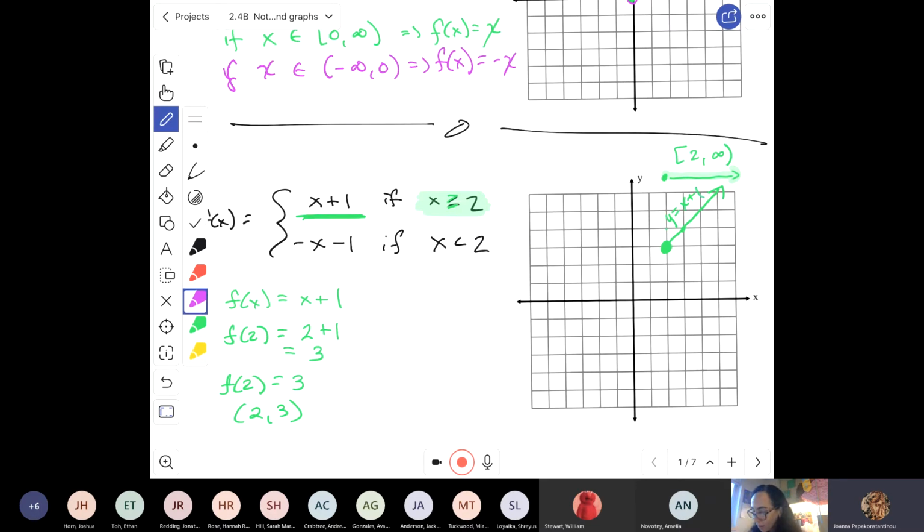Now the second part is defined for all x's less than 2. So that means I'm looking at this interval. And how would I represent that in interval notation? Anybody?